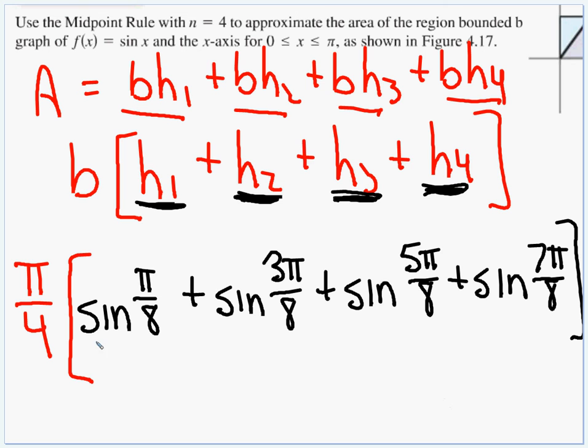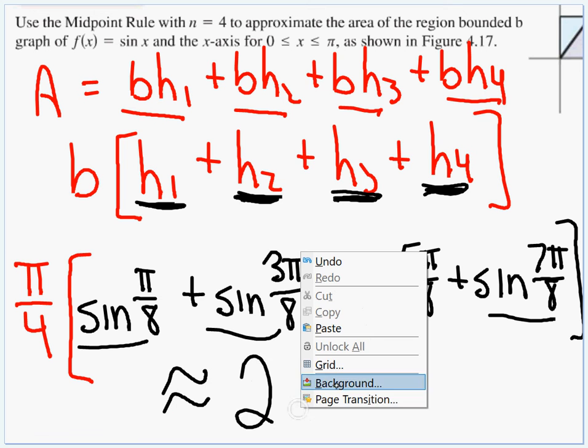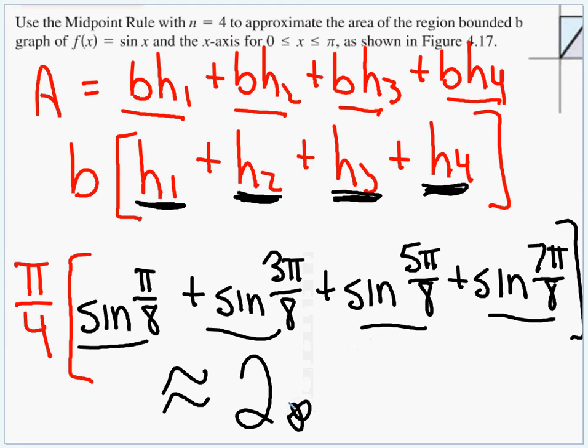From here, you just punch it in on the calculator. Beep, beep, beep, beep, add them up, multiply by pi over 4, you get approximately 2.052 square units.